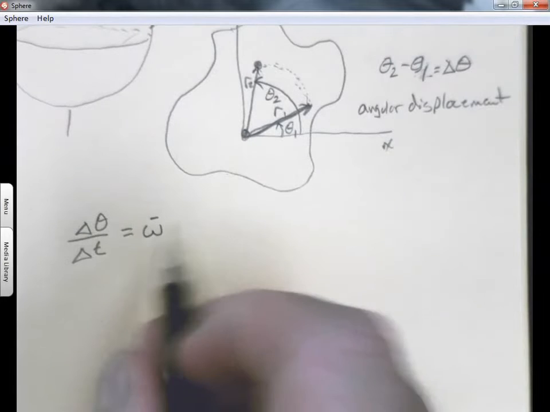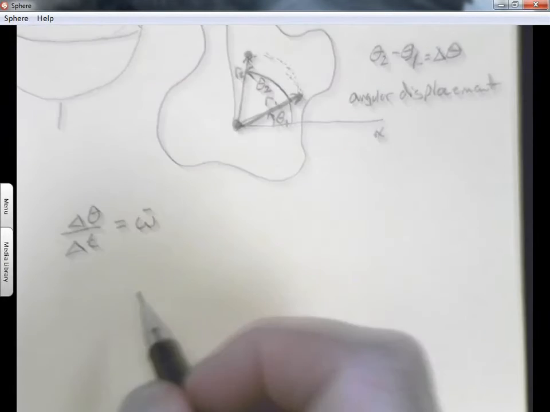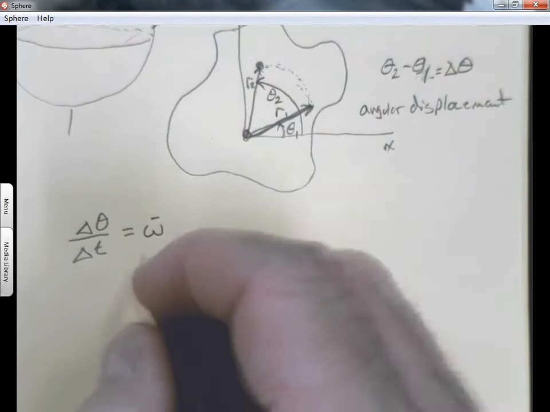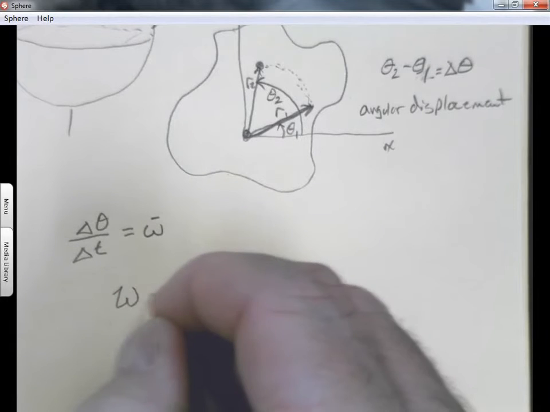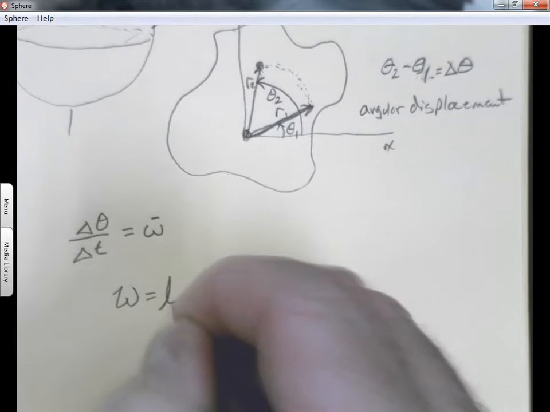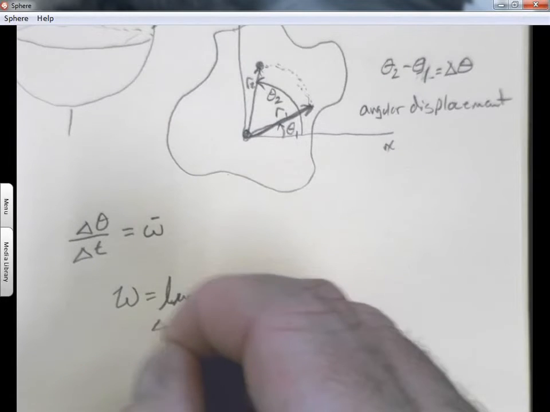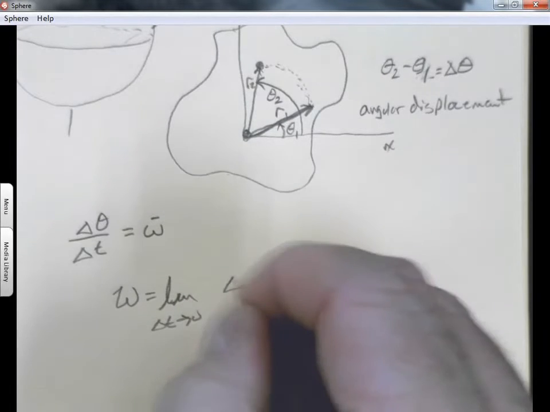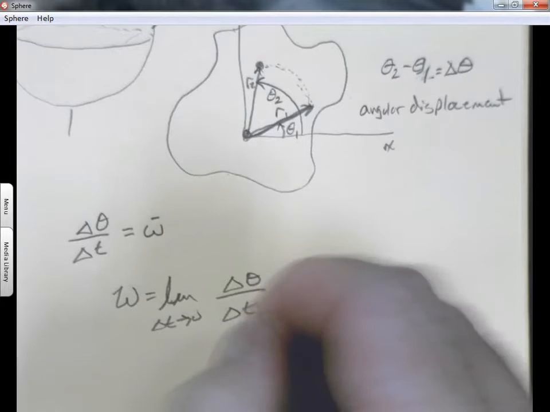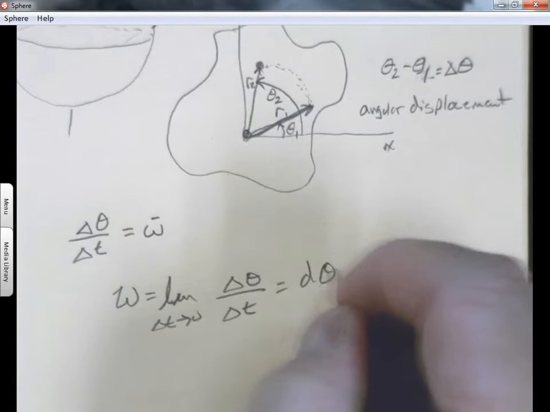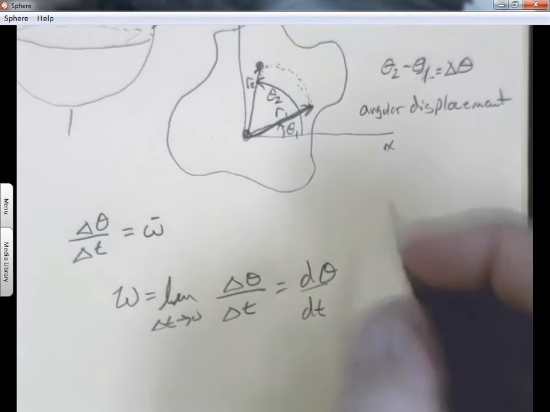And so that's the average angular velocity. And if we want to find the instantaneous, we take the limit as delta t approaches 0 of delta theta over delta t, which becomes d theta dt.